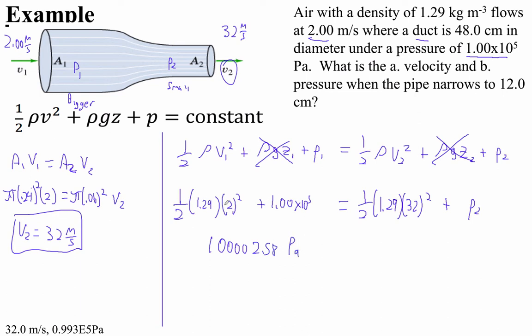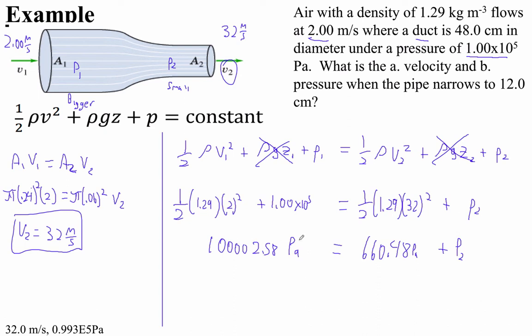So basically this term here contributed 2.58 pascals, which is almost nothing. All right, so let's go ahead and do this. 0.5 times 1.29 times 32 squared. Well, that's going to be a little bit bigger. So this is 660.48 plus P2. This is pascals also.